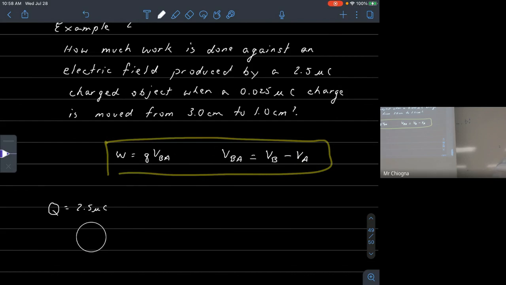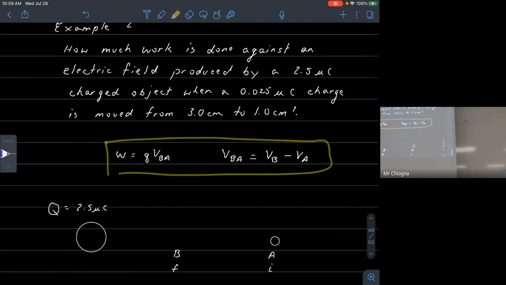You're moving a smaller charge from point A to point B. Now, you're used to calling these initial and final positions. It's the same thing. You could refer to it as initial and final. You'll find most textbooks use A and B.